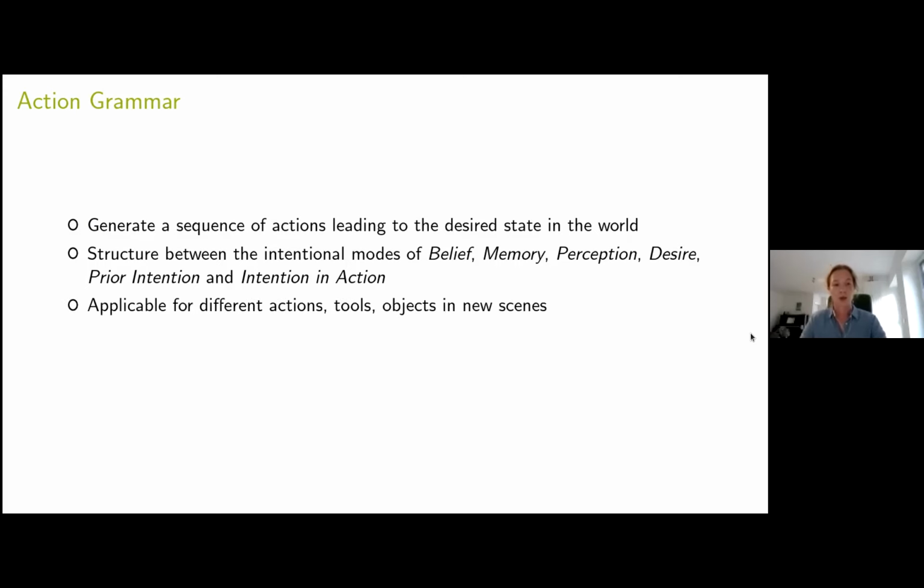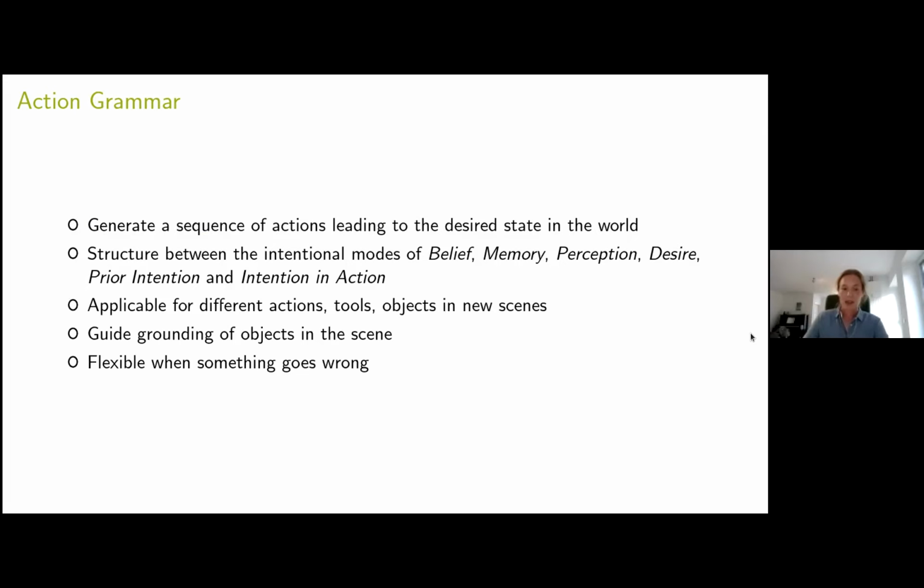And what we would like the action grammar to do is that it should be applicable for different actions and also different tools and objects and in new scenes, of course. And because it should be able to do this, it should also guide the grounding of those objects in the current scene.